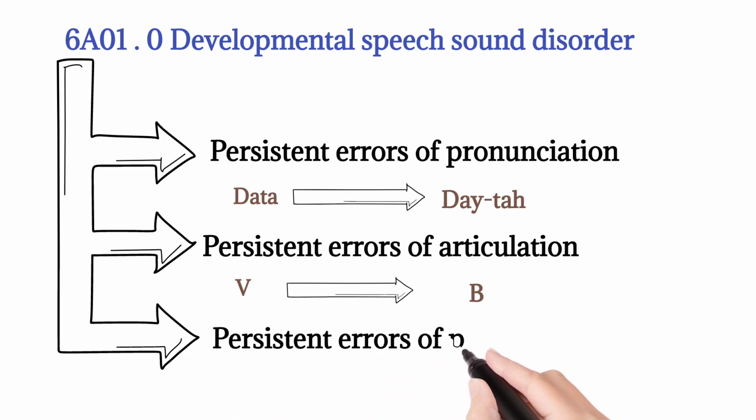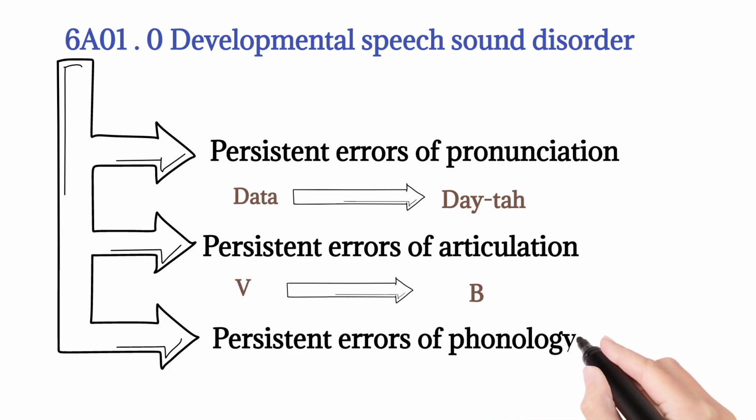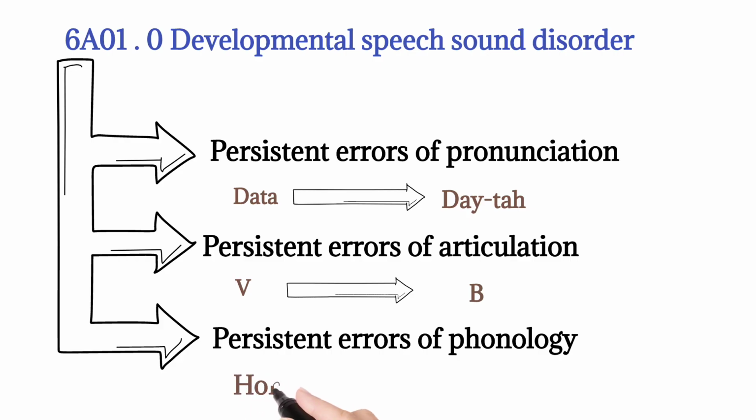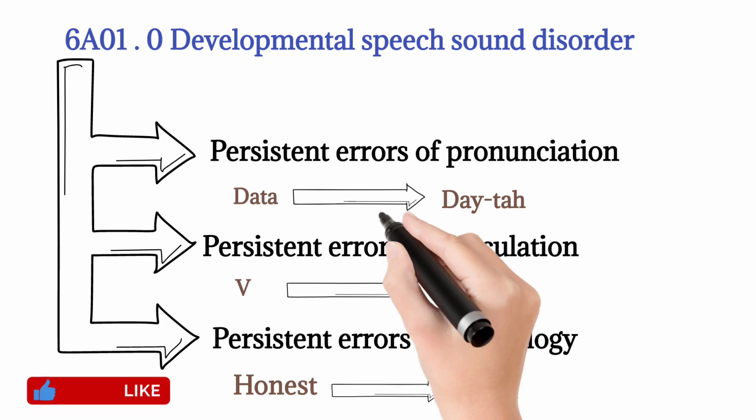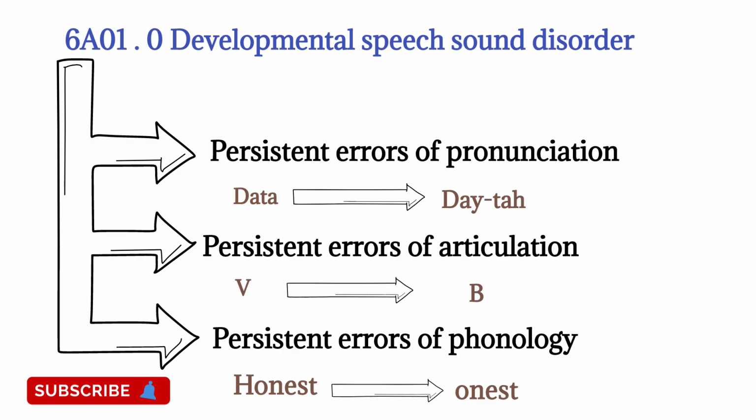And next is the persistent error of phonology. That means how sounds function in words and sentences to convey meaning. For example, for the word HONEST, we have to drop the first alphabet, that is H, and speak it as "onest".